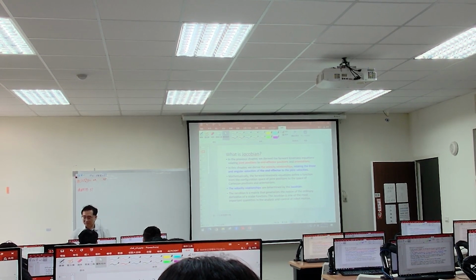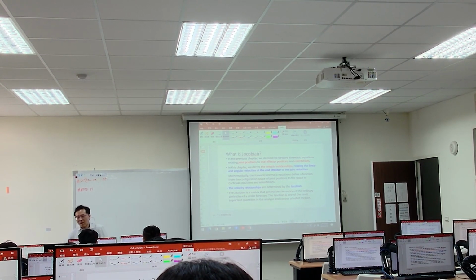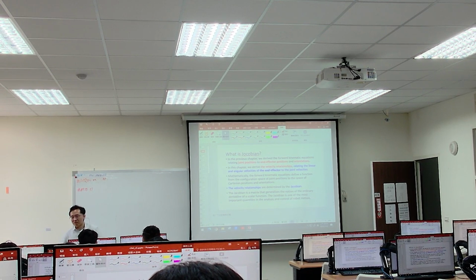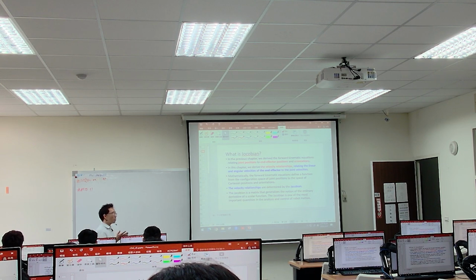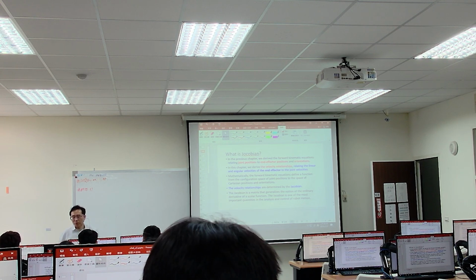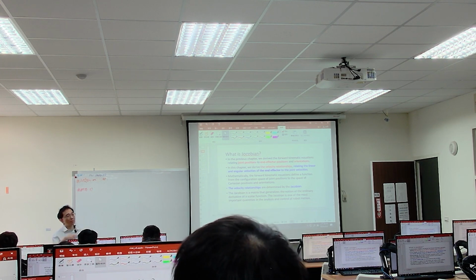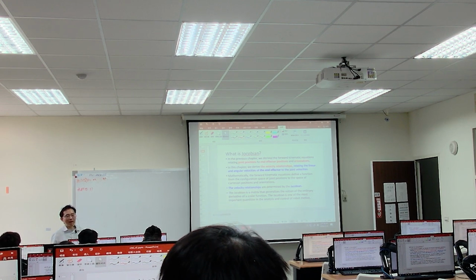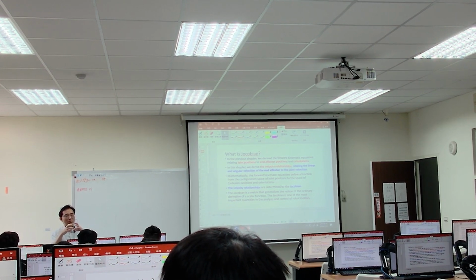But how about the velocity relationship? Can you describe it from the previous final transformation matrix? This is a question. It cannot. So we need to step into the Jacobian concept to demonstrate how we can connect this relationship together.